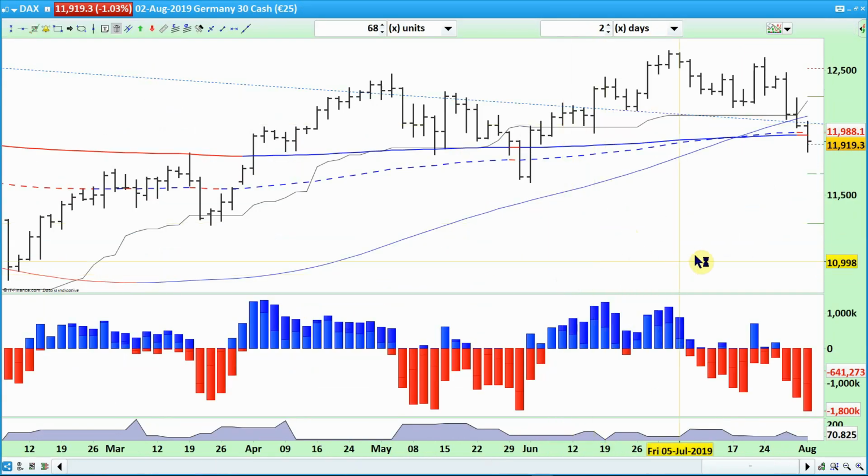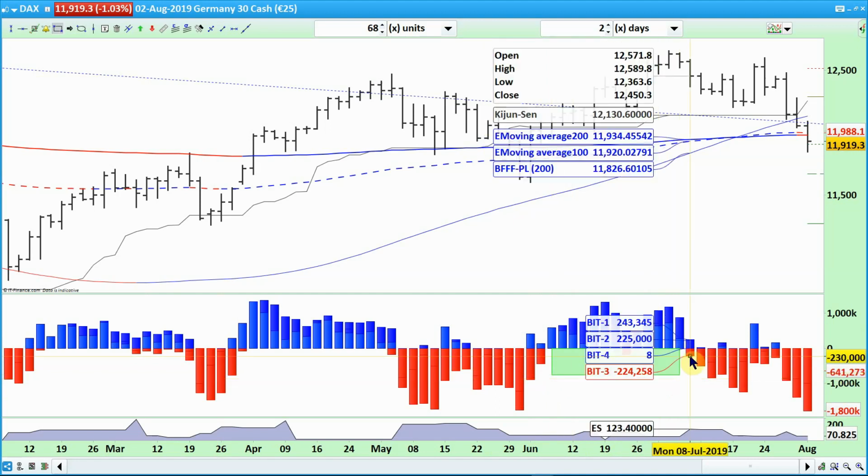So the weakness here is coming from, for example, this point. From this point to this point it was blue, and the market was going up from 7th of June this year to 5th of July.